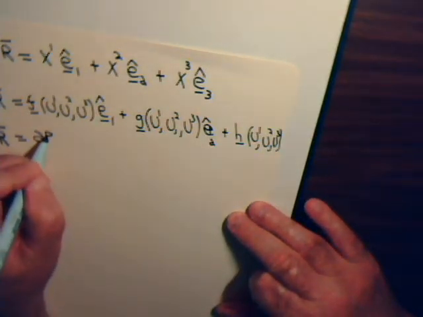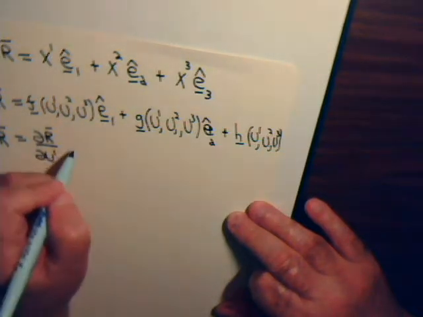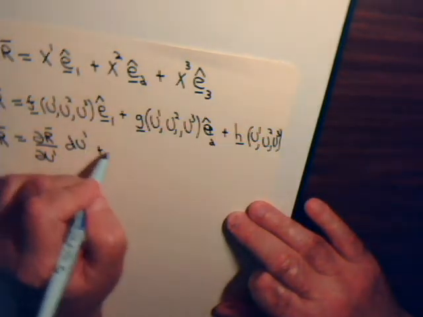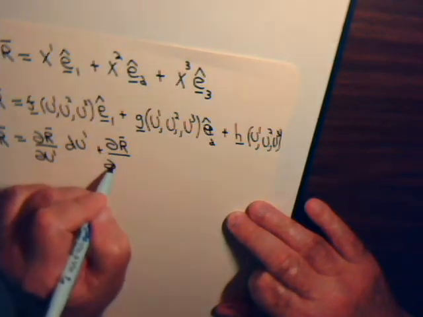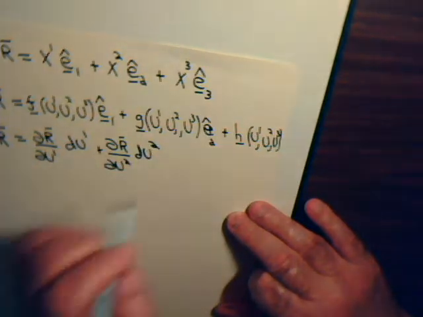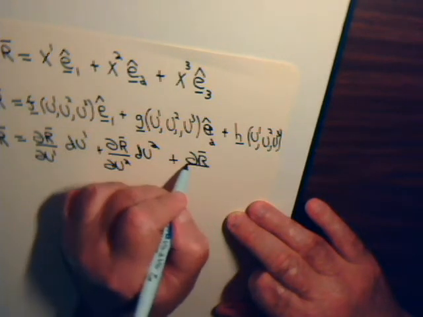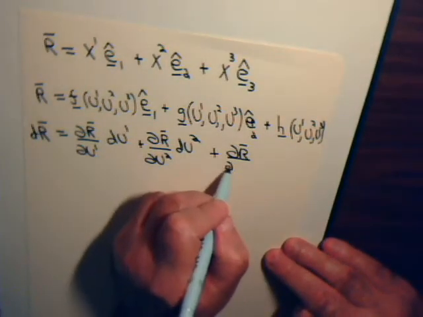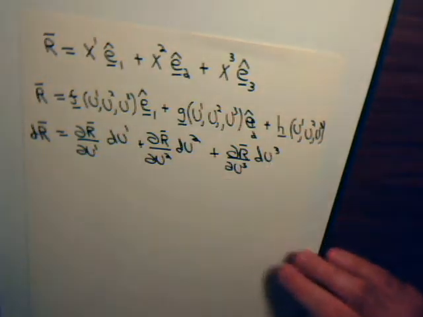the partial of r with respect to u1 du1 plus the partial of r with respect to u2 du2 plus the partial of r with respect to u3 du3.